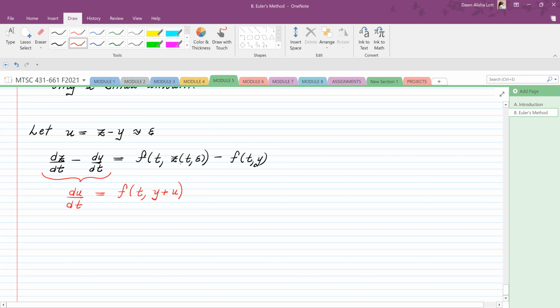Okay, does everybody see that? Minus f of t and y. So now I have du/dt, so this is a differential equation. On the right-hand side, it's a function of t and y plus u minus f of t and y.